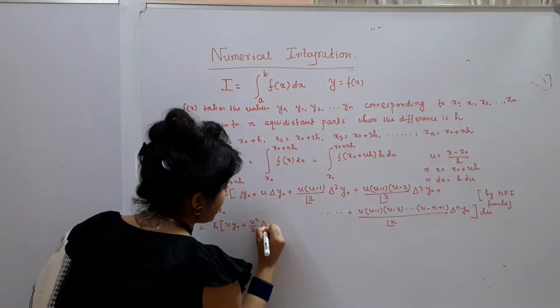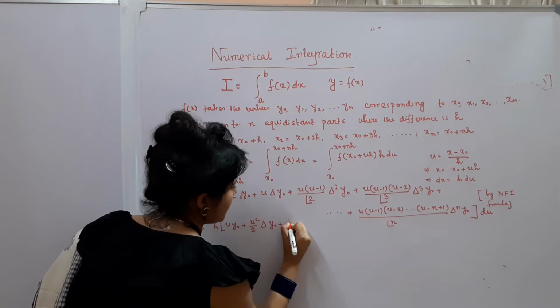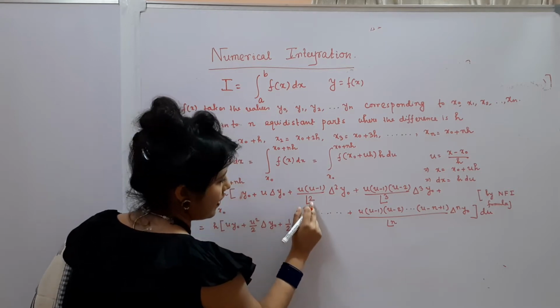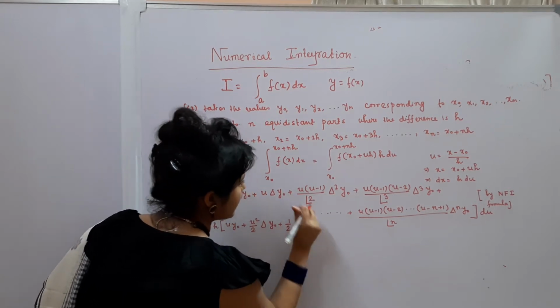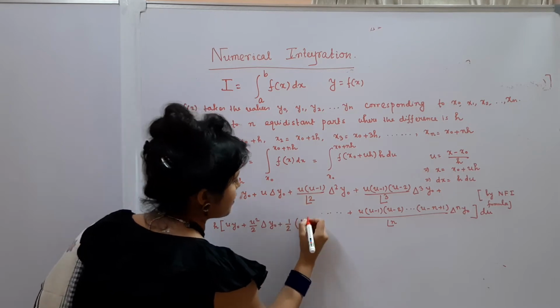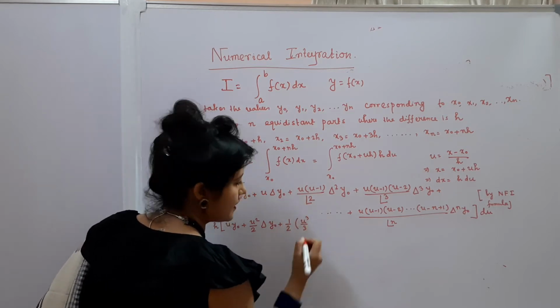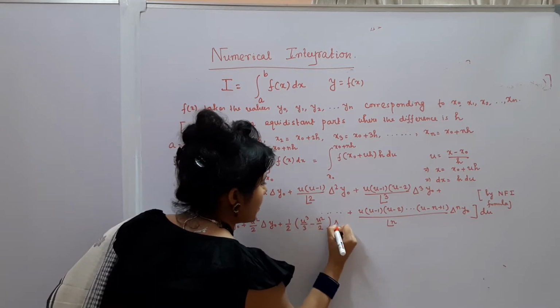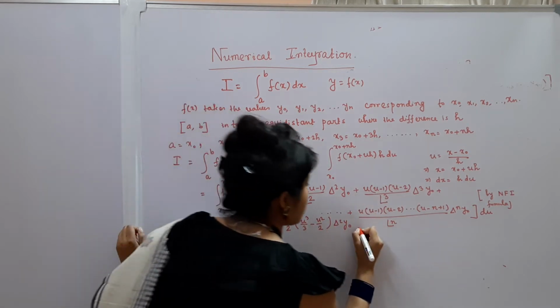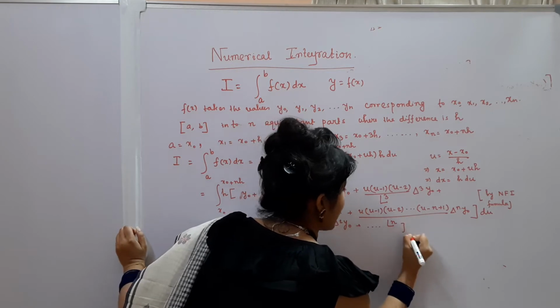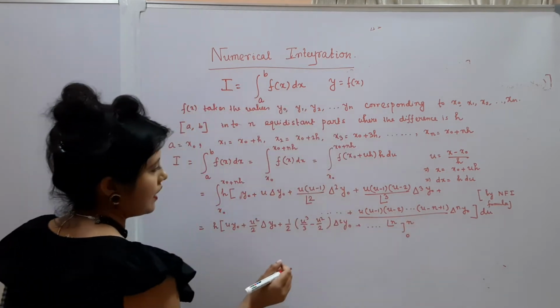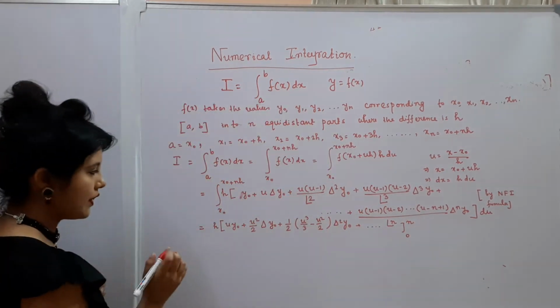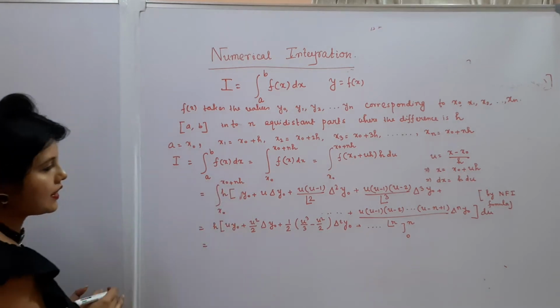So u square by 2 delta y0 plus factorial 2 means half, that is there is u square, so you can write it u cube by 3 by integrating, minus u square by 2 delta square y0, plus you can also write it, and here the limit is 0 to n. Okay. So because it is within definite limit 0 to n.